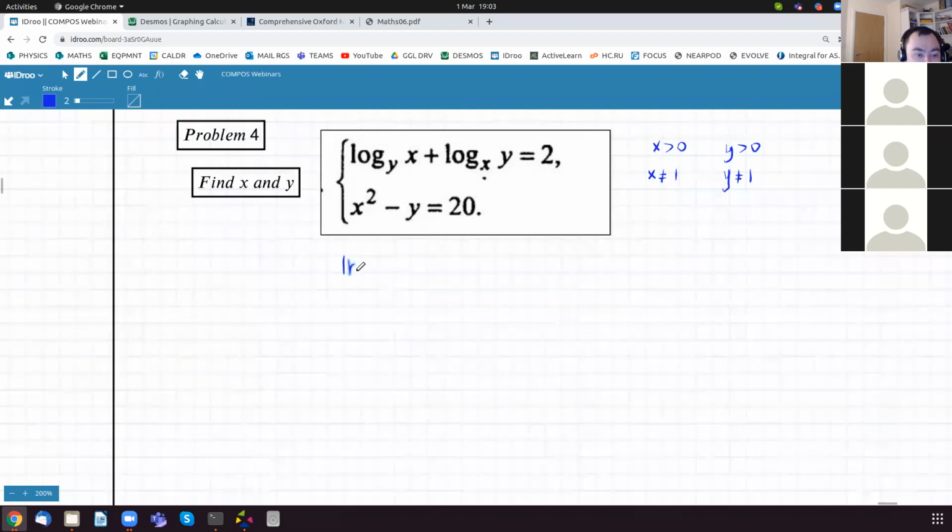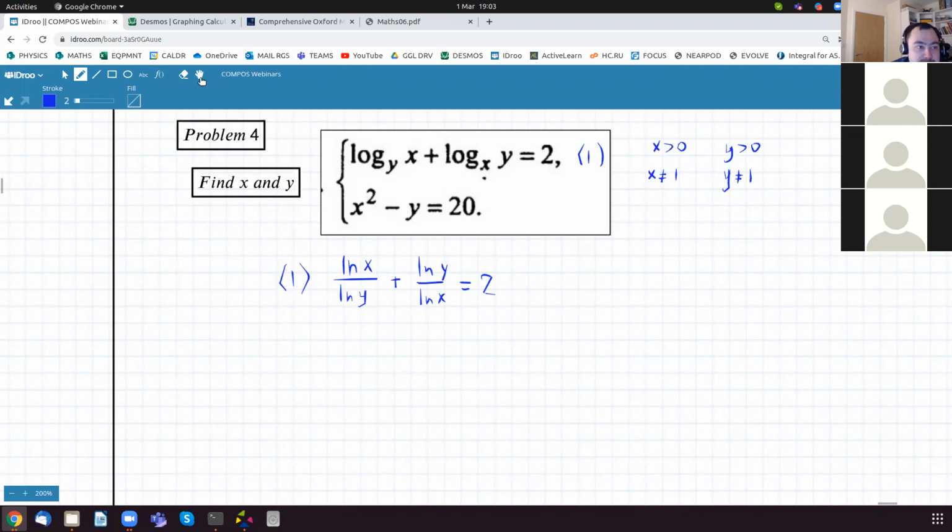So it's going to be ln x divided by ln y plus ln y over ln x equals 2. I'm just going to deal with the first one. The second one is very straightforward.